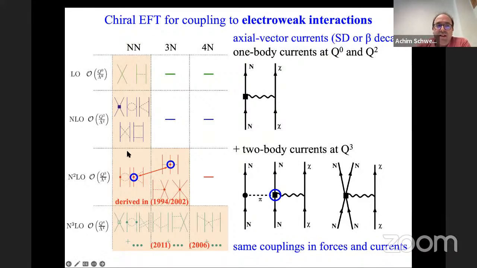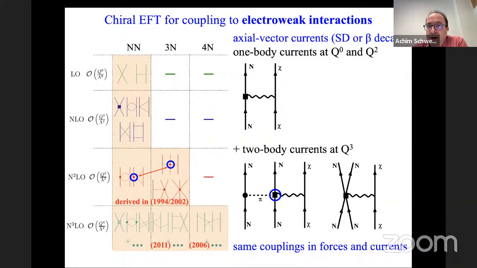And that says that at leading order, the interaction is just of a WIMP with a single nucleon. We call this a one-body current because a WIMP couples to a single nucleon. This particular graph is for axial vector currents, so this would be for spin-dependent interactions.